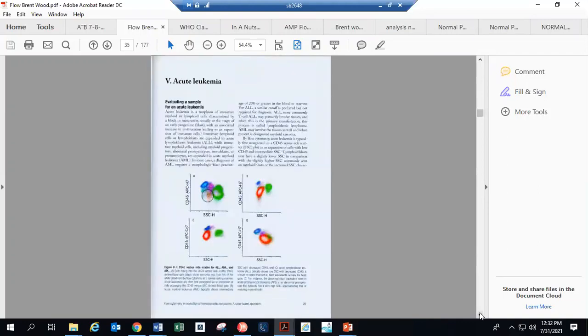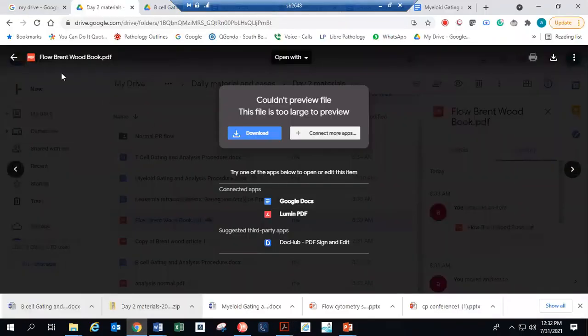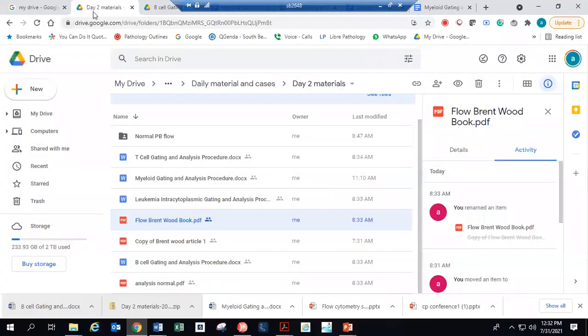The Brent Wood book is the same as Wood list, so we kind of covered all of that. Let's see, anything else in our agenda? We did the myeloid and T cell gating, the Brent Wood article, we did that.